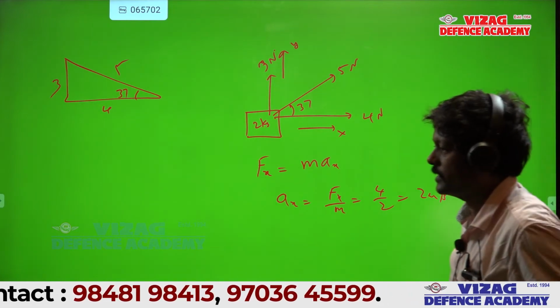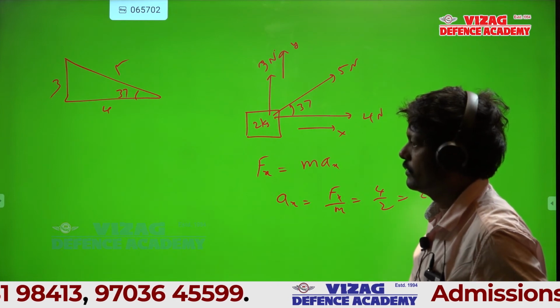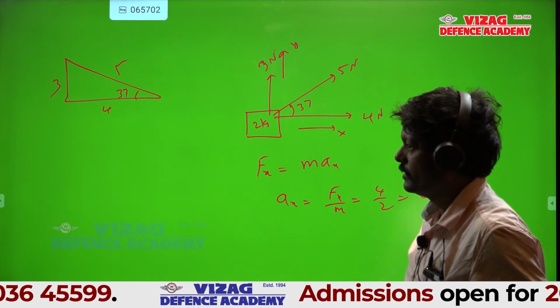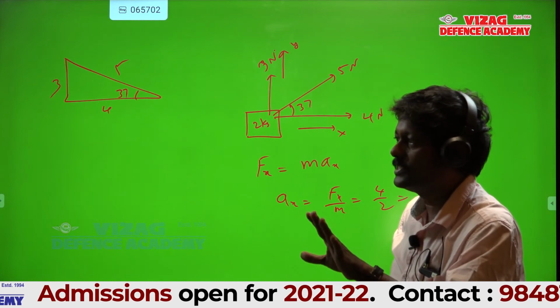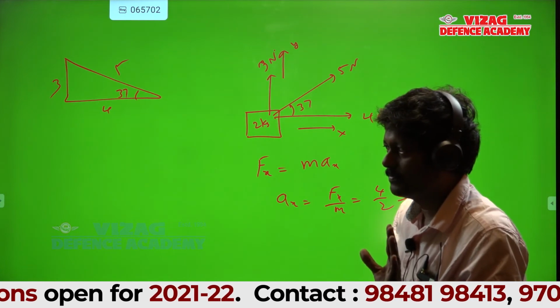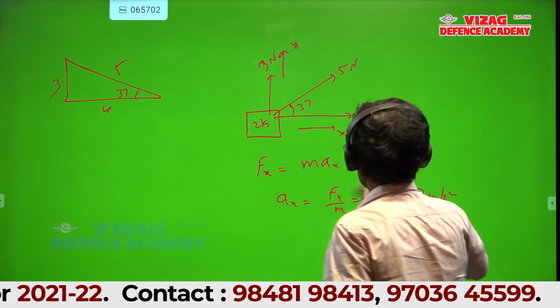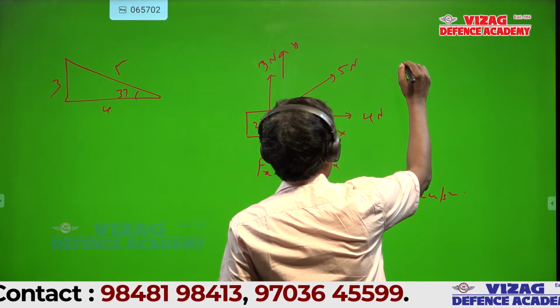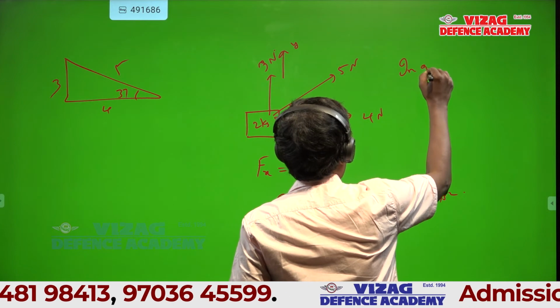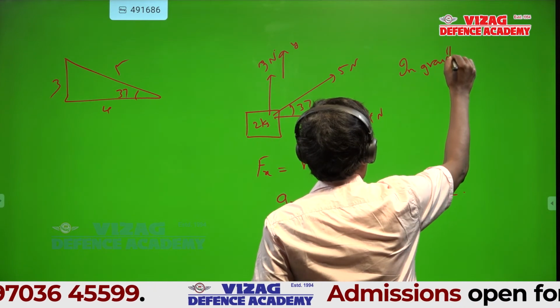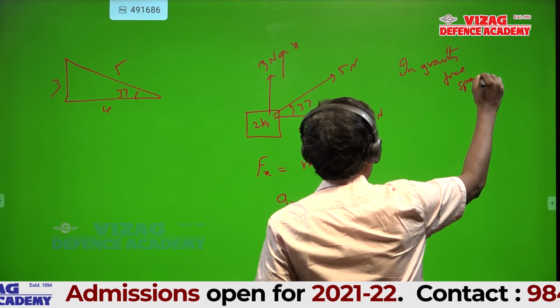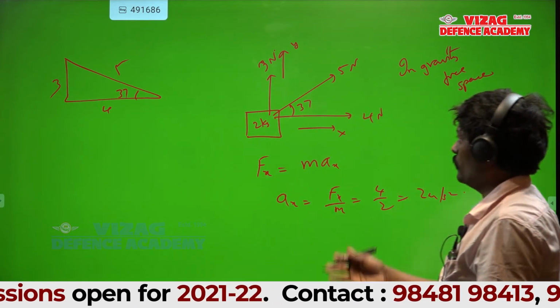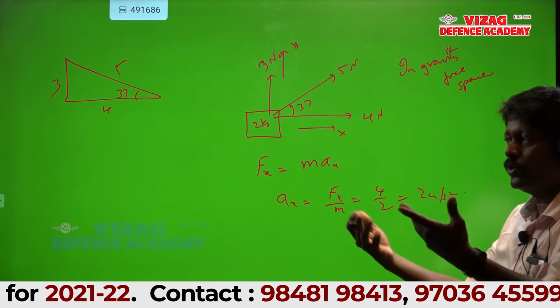Is there acceleration in the y direction? Yes, I said that it's not on the floor. It's in the gravity free space. In gravity free space, that means the weight of the body is not acting, no mg, no normal reaction.